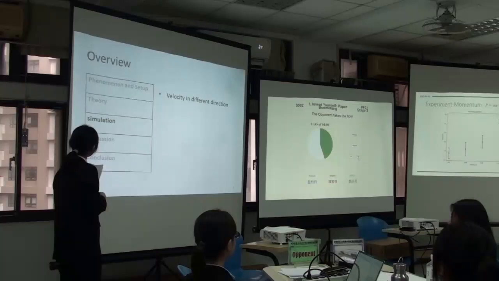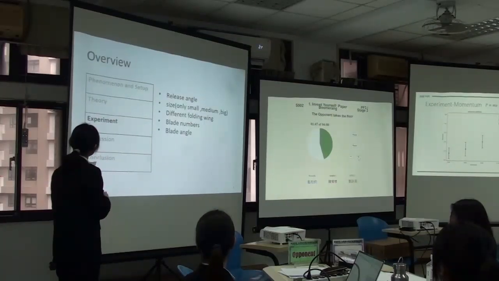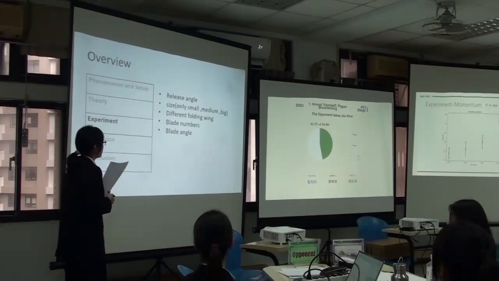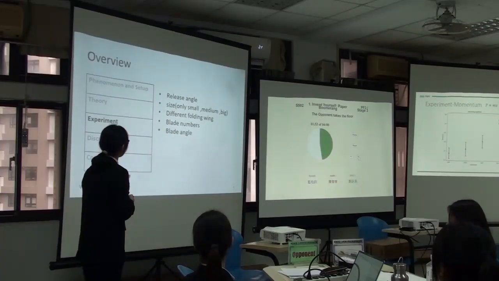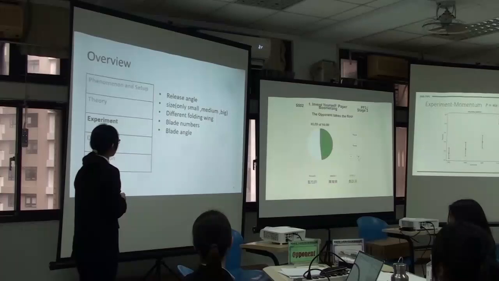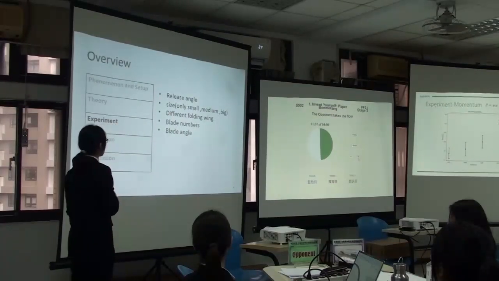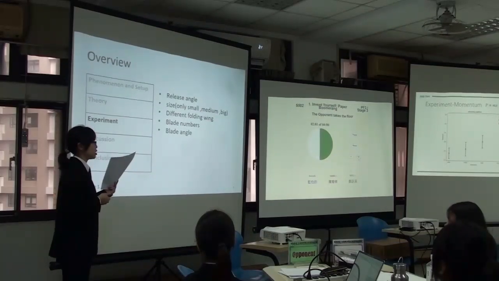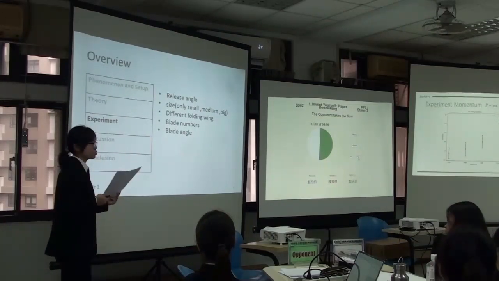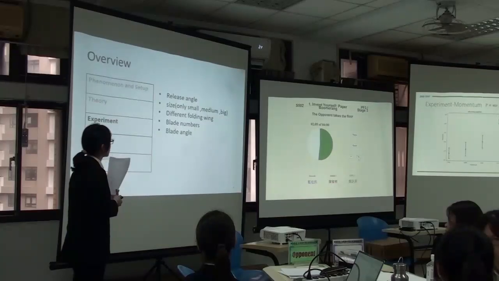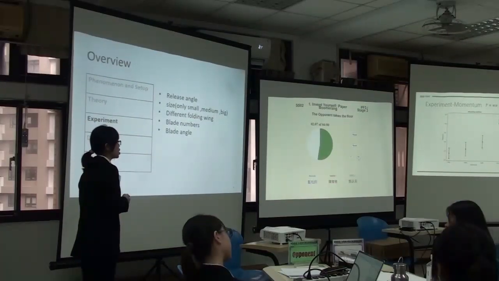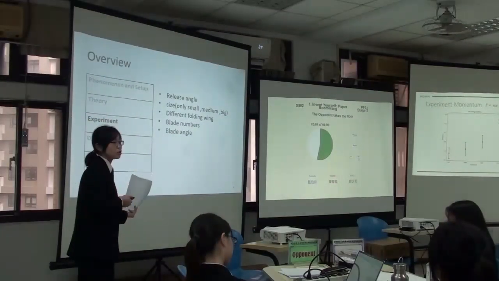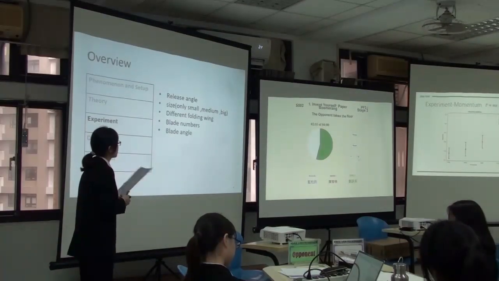The next part is the experiment. The variables are release angle, size, different folding width, blade numbers and blade angle. But in some of their experiments, they changed two variables in one experiment, because when the size changed, the mass also changed, and when the blade number changed, the mass also changed.